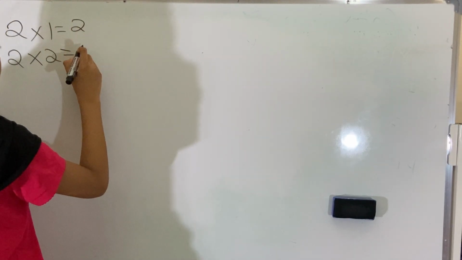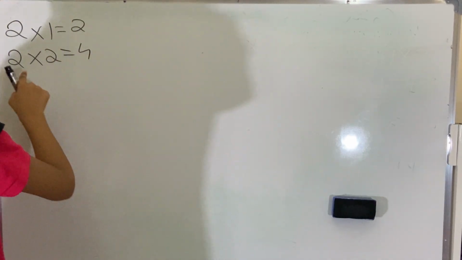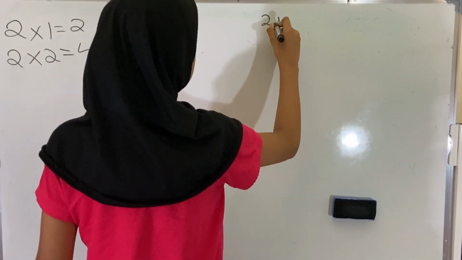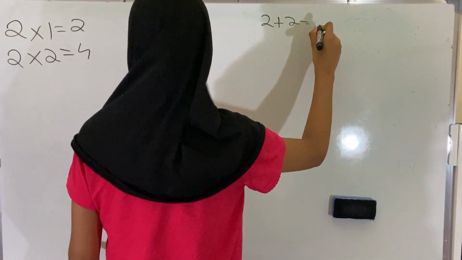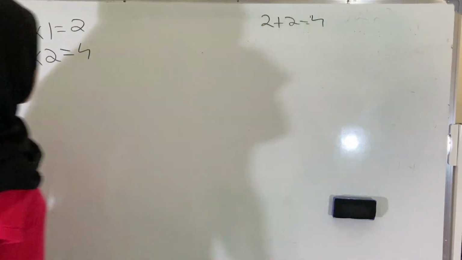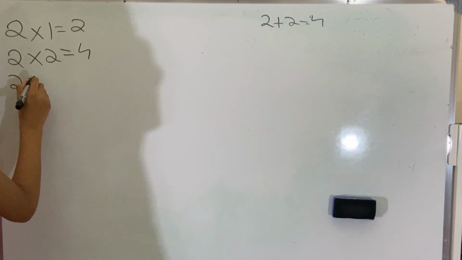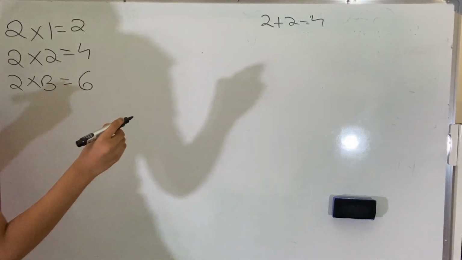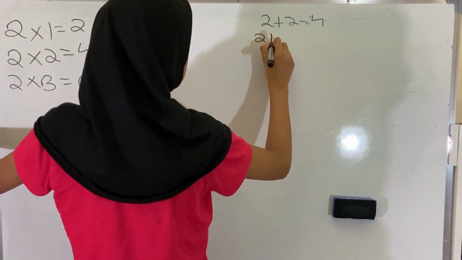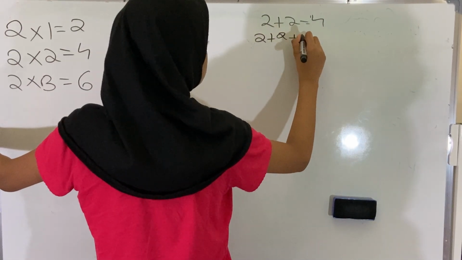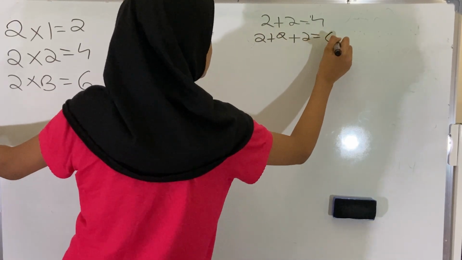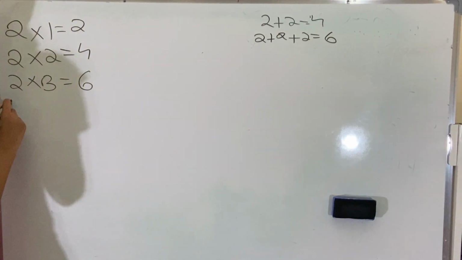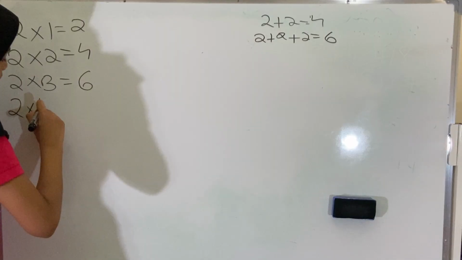And 2 into 2 is 4 because you add 2 two times, which is 2 plus 2, and it's going to be 4. Now 2 into 3 is going to be 6 because you add 2 three times. 2 plus 2 plus 2, which is going to be 6. Okay, so just like that we can do it to every one of them.